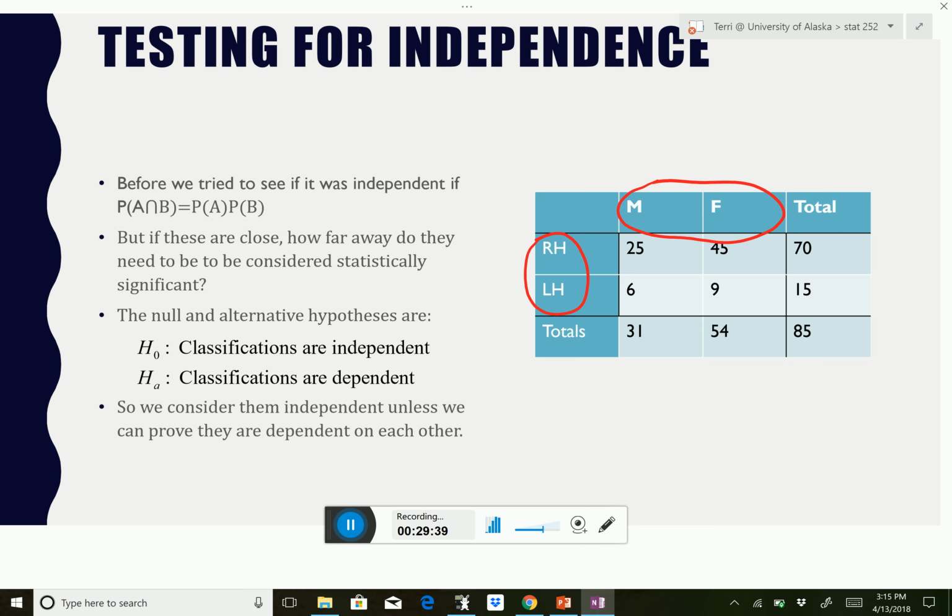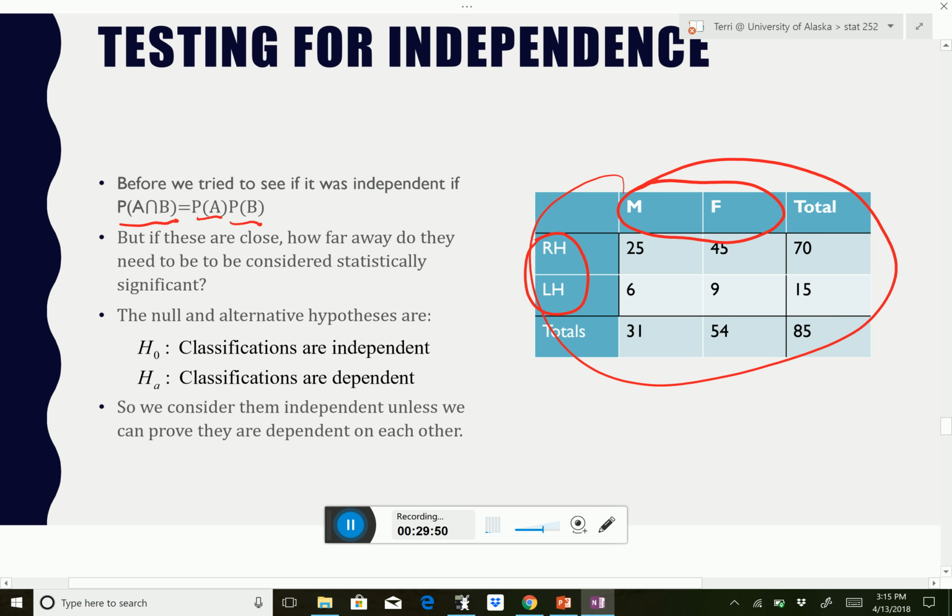Now before, what we did is we did a probability table. We tried to see if the probability of A intersection B was equal to the probability of A times the probability of B. I know you'd be too far past this. But sometimes you say, well, are these close? Are these close enough? Are they considered statistically significant? It's hard to get them exact with a sample.